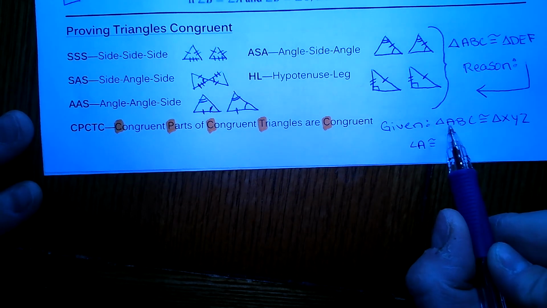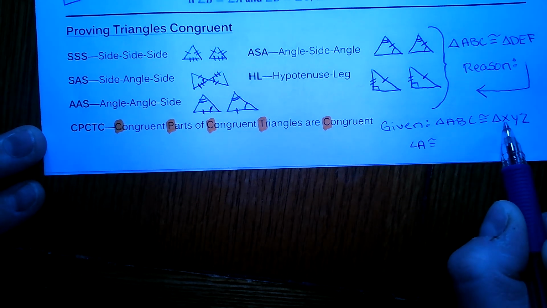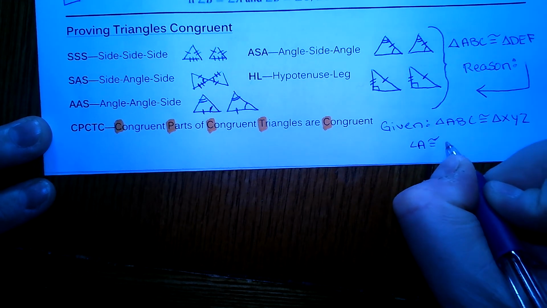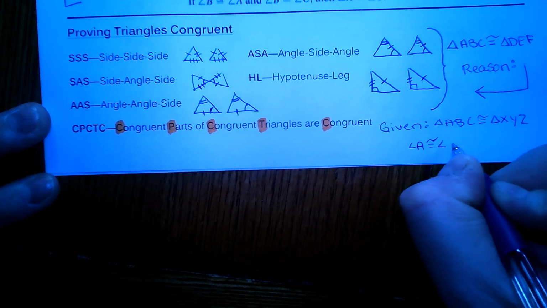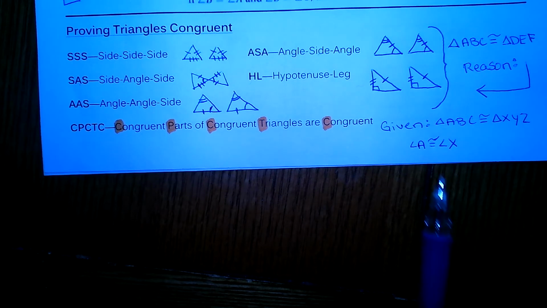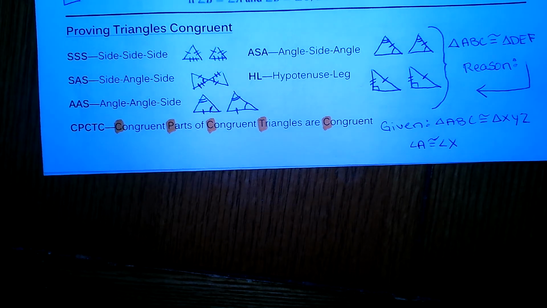Angle A is in the first position, and so is angle X. So because I know that the two triangles are congruent, that means all corresponding parts are also congruent. All right. Come see me if you have any questions.